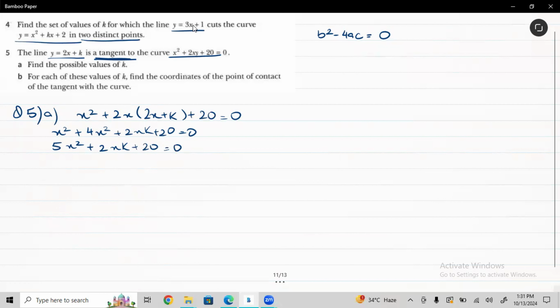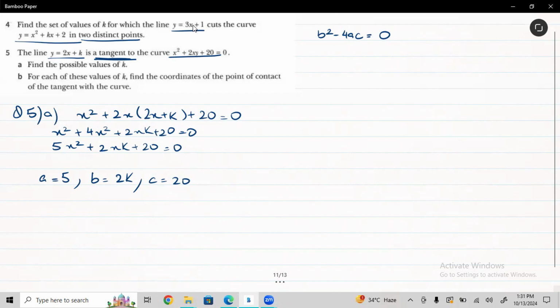Again, what we have as the ABC, the coefficient of x squared is 5, so a is equal to 5. Coefficient of x is equal to 2k, so b is equal to 2k and the constant is 20. Really simple till here.